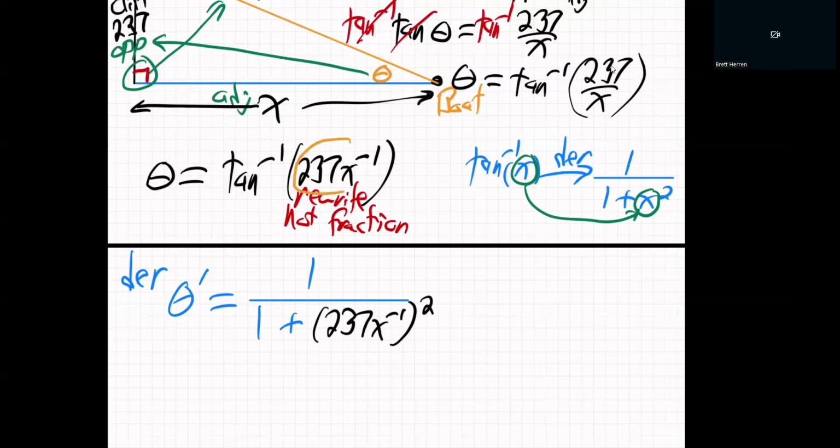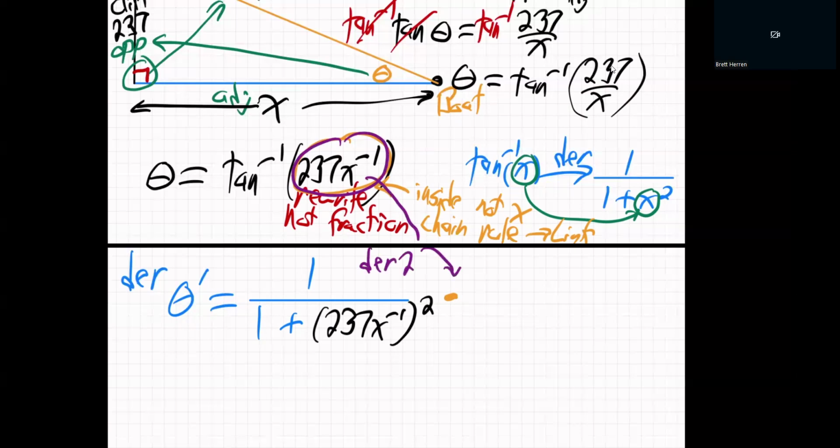Because remember, if the inside of any function is not a simple x, you must do the chain rule, another link in the chain. Meaning you've got to multiply by the derivative of that guy, the derivative of 237x to the minus 1.